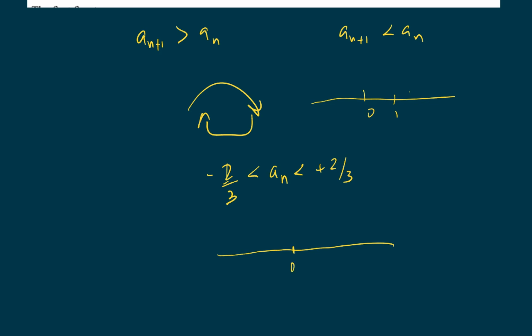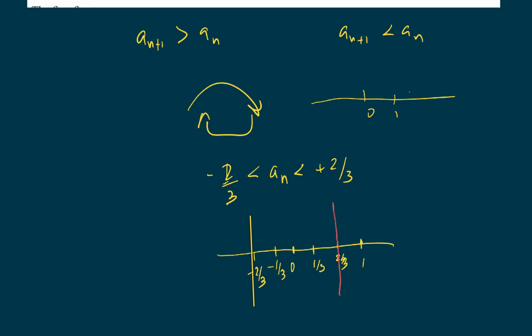So 0, 1/3, 2/3, minus 1/3, minus 2/3. Any term that you will have is between minus 2/3 and plus 2/3.